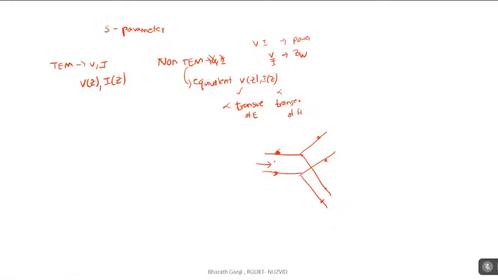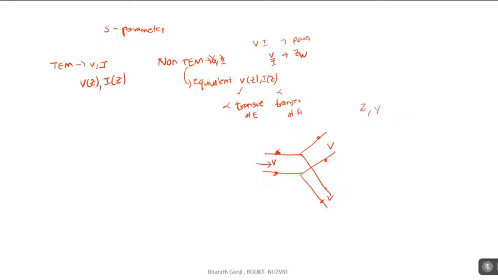If I can derive the port voltage at this port and at that port, I can relate these port parameters as a matrix representation, just like the impedance matrix and the admittance matrix, which we already know.